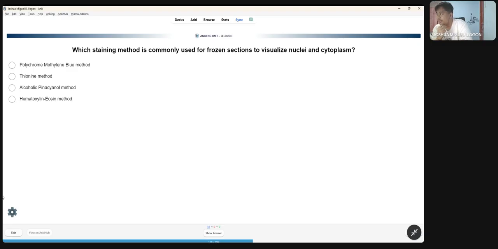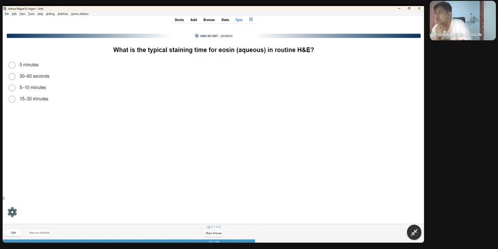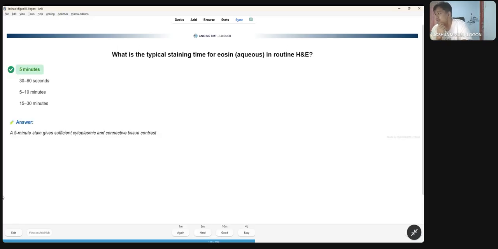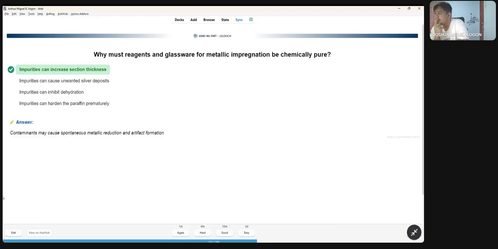Is it polychrome? Oh my god. I made that wrong. Eosin aqueous. I have absolutely no idea. 15 to 30 because it's not 5 to 10. Alright, 5 minutes. Metallic impregnation, silver deposits.